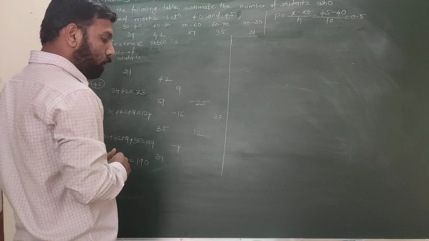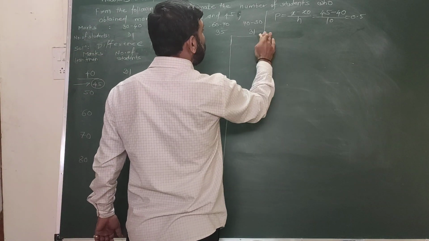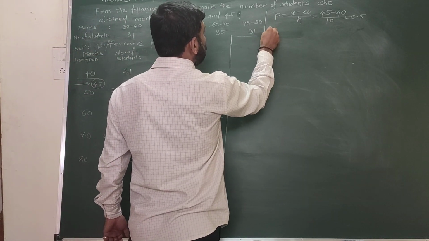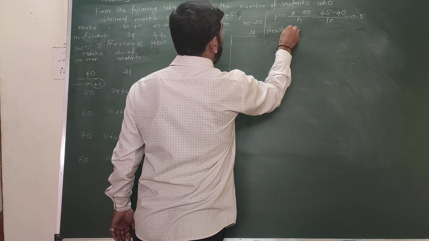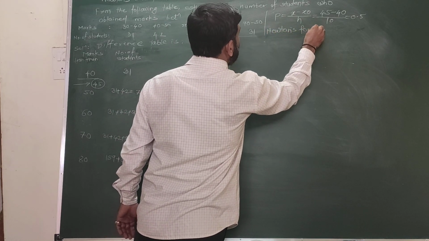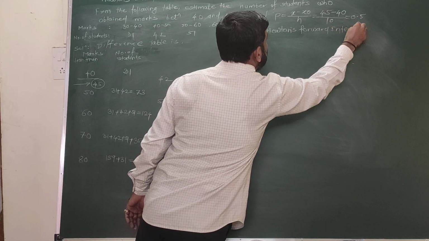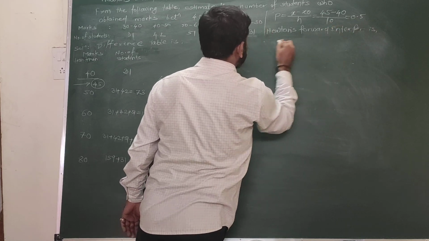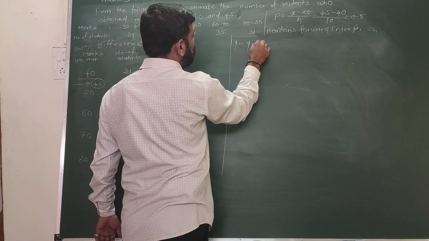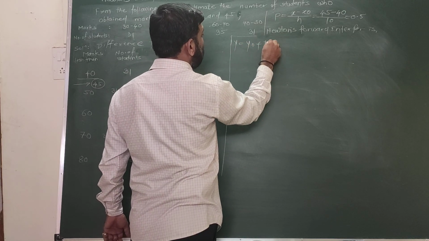Now, Newton's forward interpolation formula is y equals y0 plus P delta y0 and so on.